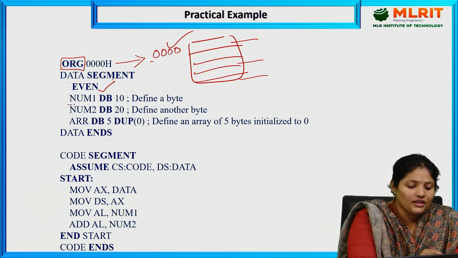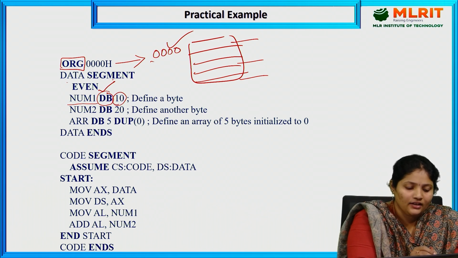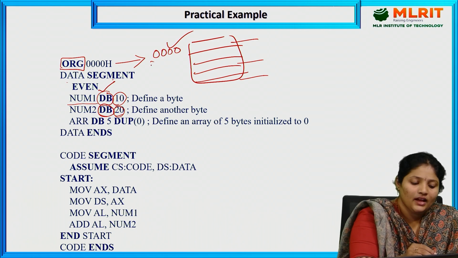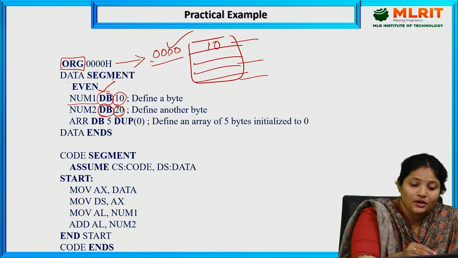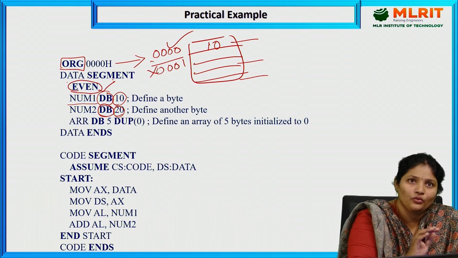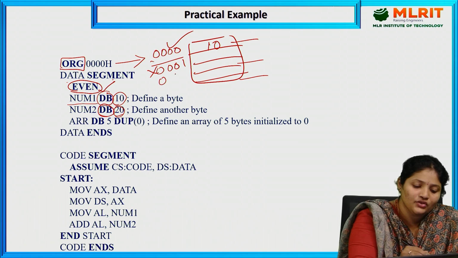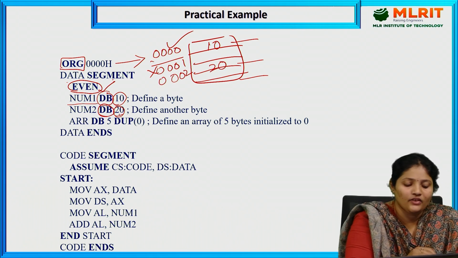Now coming to number 1, I was allocating 1 byte of memory to store 10 and another byte of memory to store 20. The location where 10 will be stored is 0000 because it is an even memory location, and not the odd memory location, because I have mentioned even, so only even address locations will be used, and in 0002 the data 20 will be stored.